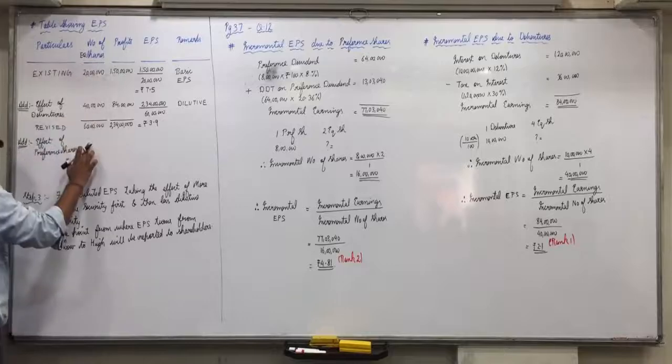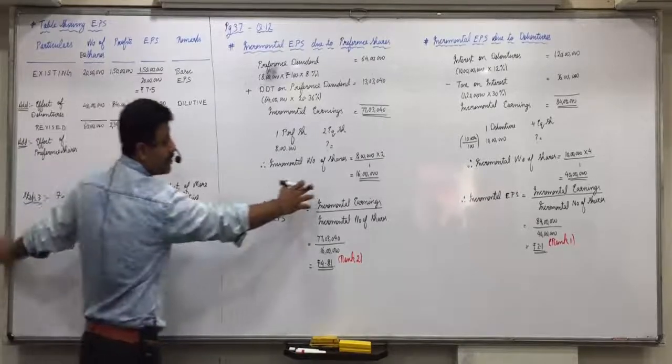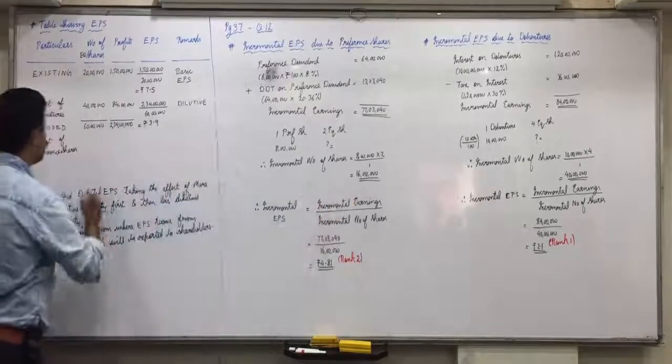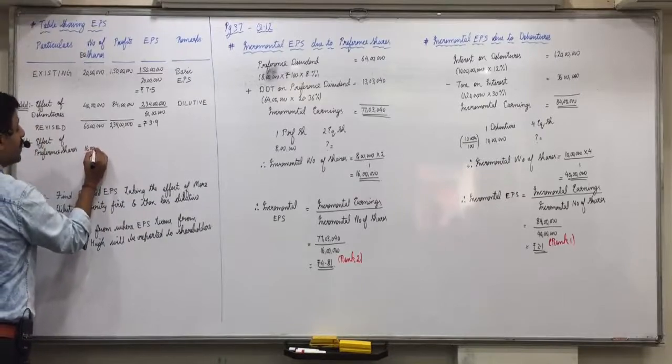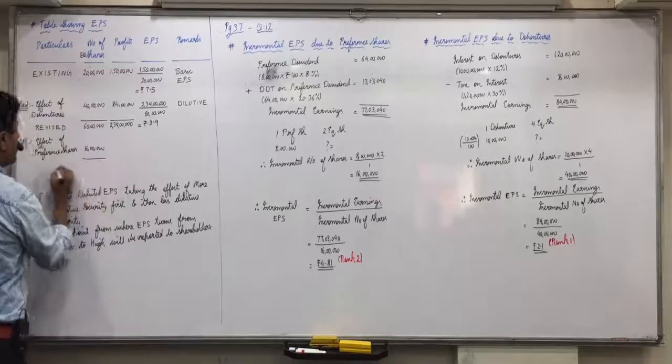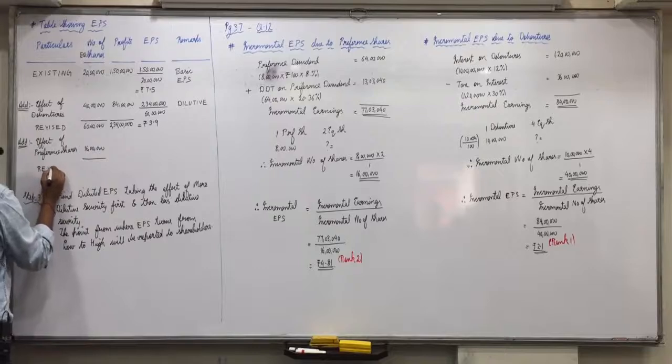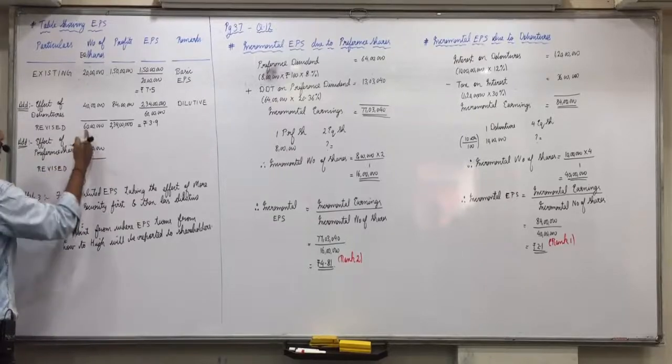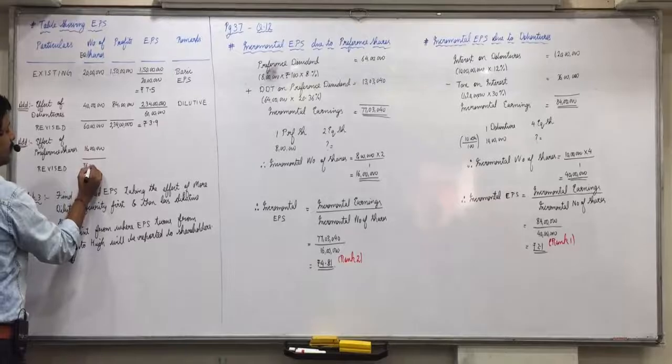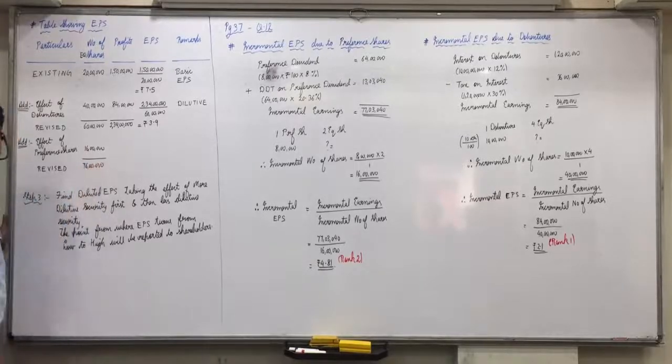What are the incremental number of shares due to preference shares? 16 lakhs. Means revised number of shares will be 60 plus 16, 76 lakhs. Any doubt with this?